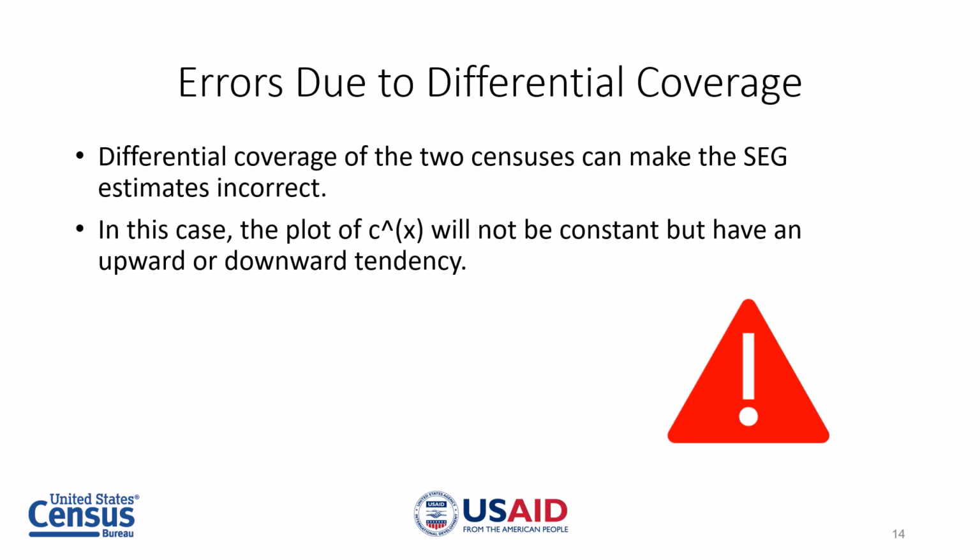Differential coverage of the two censuses can make the synthetic extinct generations method estimates incorrect. In this case, the plot of estimated completeness CX will not be constant but have an upward or downward tendency. To correct that, you can try different adjustments for one census relative to the other until the age-specific completeness line is relatively flat.